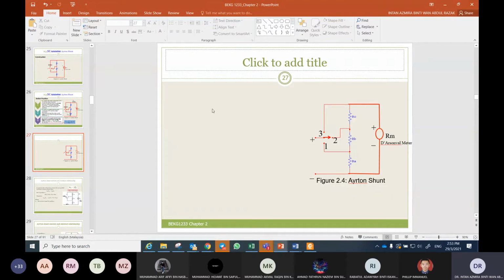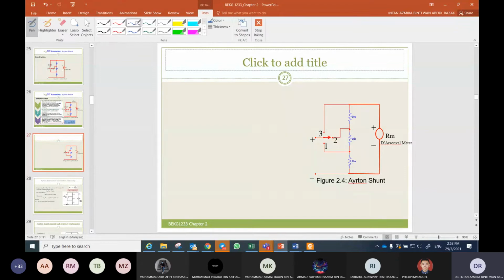When the switch is at position 1, this is RA, this is negative, this is positive. At position 1, we have RB, and then RC and the meter RM.